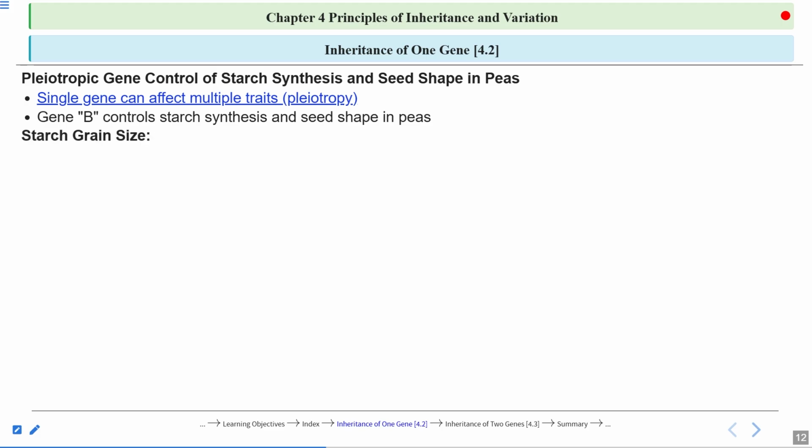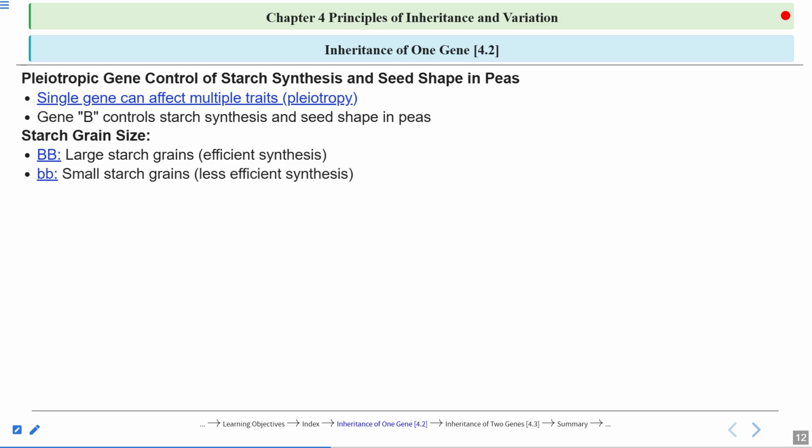Now first let's talk about starch grain size. In the case of homozygous dominant, large starch grains are produced because there is quite efficient synthesis of the starch. In the case of homozygous recessive, small starch grains are produced. Then in the heterozygous condition, intermediate starch grains are produced.